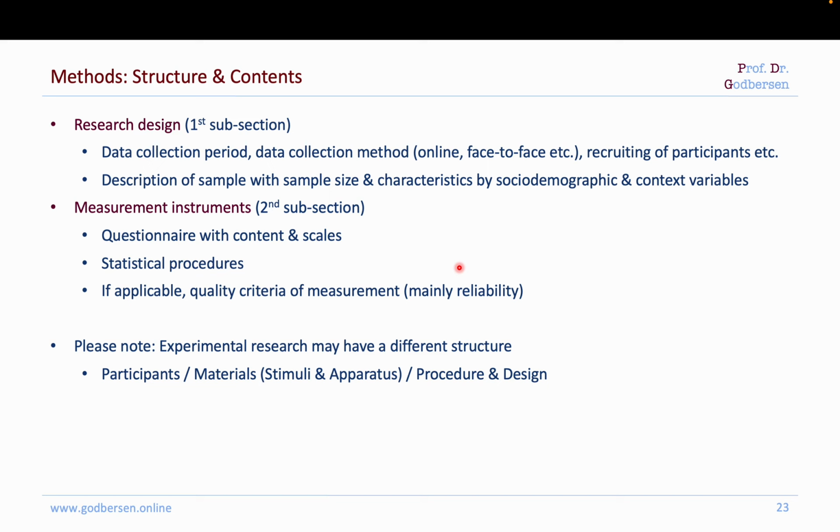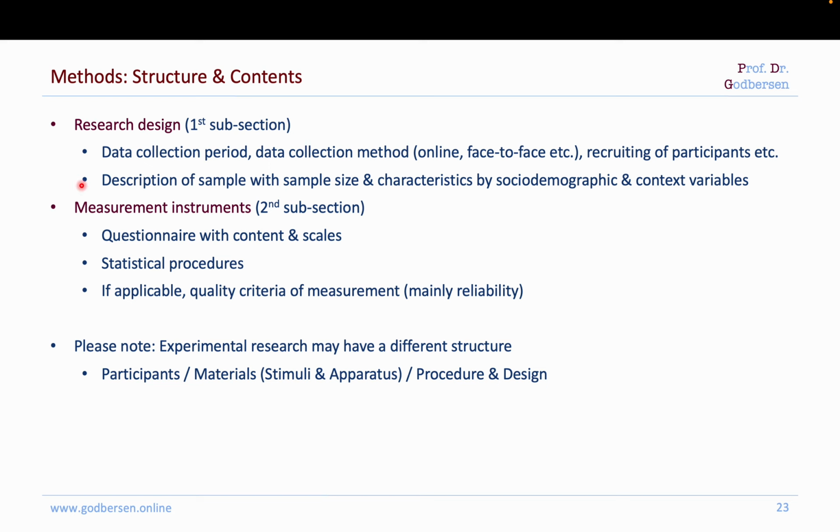Normally, the methods section has two subsections: research design and measurement instruments. In the first subsection, research design, you describe all the organizational stuff, if you will. When did you collect the data? How did you collect the data? Was it an online questionnaire? Was it face-to-face? And how did you recruit the participants?